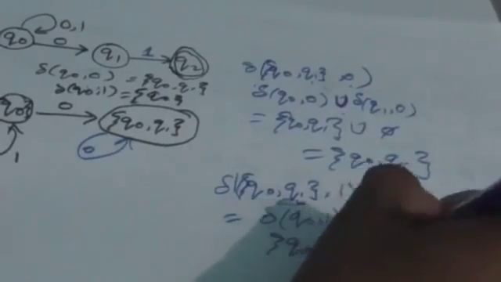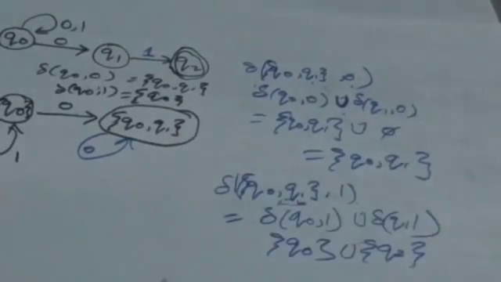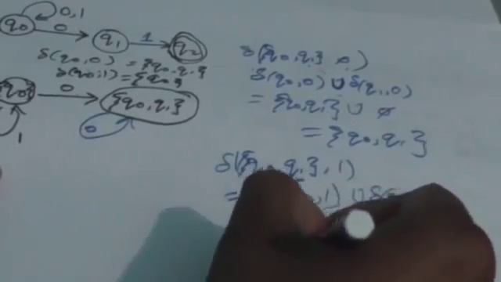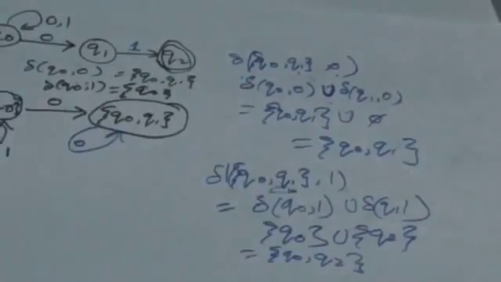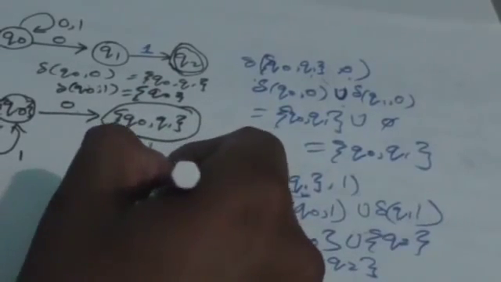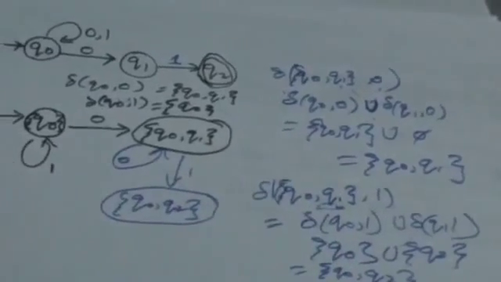There is only one state, and their union would be Q0, Q2. So when we apply 1 here, we will get the next state Q0, Q2, right?